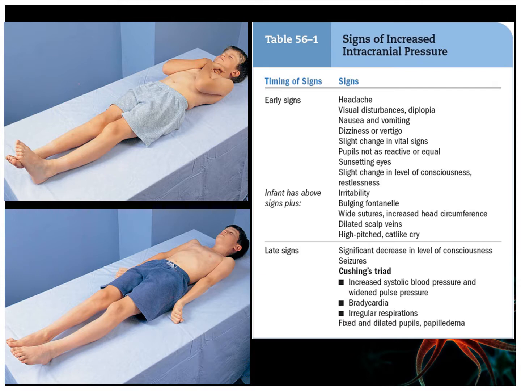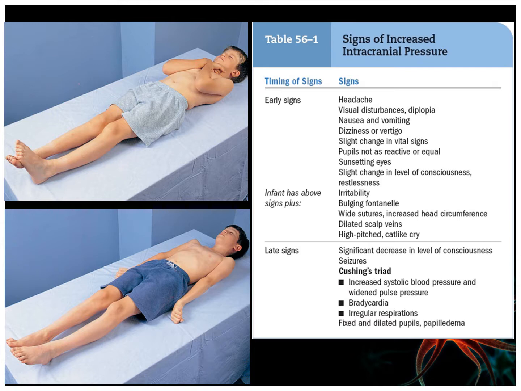And then late signs, you guys should also know about Cushing's triad, and you can read about that on your slide. The top picture shows the boy flexing, or that's the flexing or the decorticate, and it is associated with lesions above the brainstem in the corticospinal tracts. Extensor or decerebrate is associated with lesions of the brainstem. That's the bottom picture.